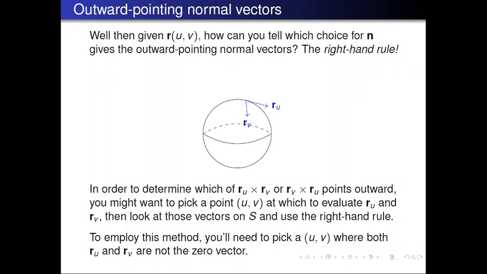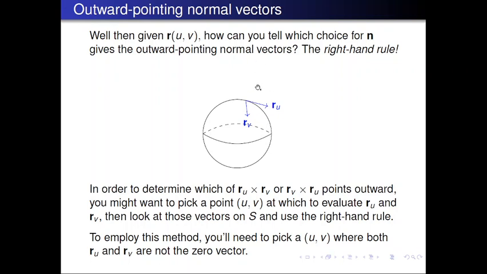Uh-oh. So let's flip it around. Let's point my fingers in the direction of r sub v so that they curl towards the direction of r sub u. Now it looks like my thumb is pointing outward from the sphere. So in this case, it's the backwards cross product, r sub v cross r sub u, that gives us the outward pointing normal vector field.